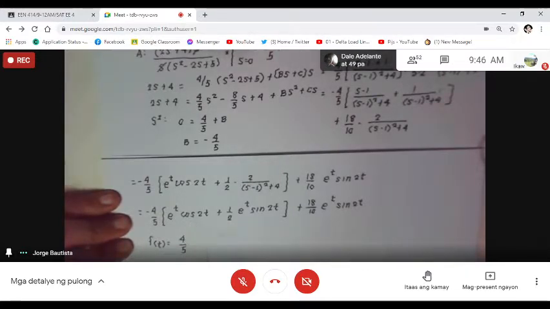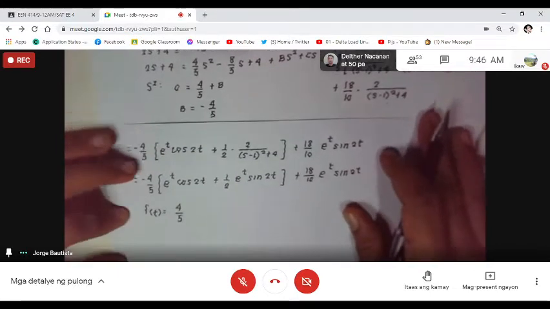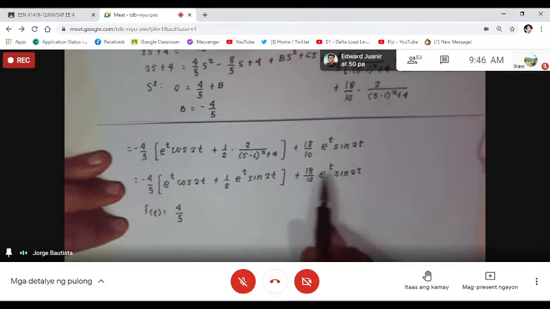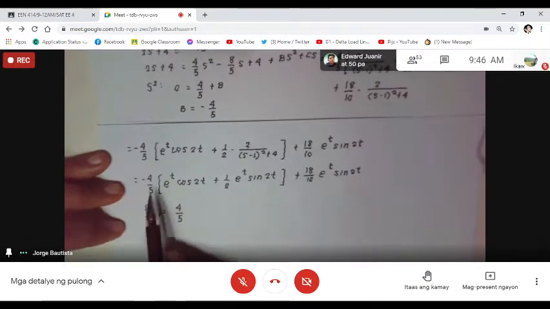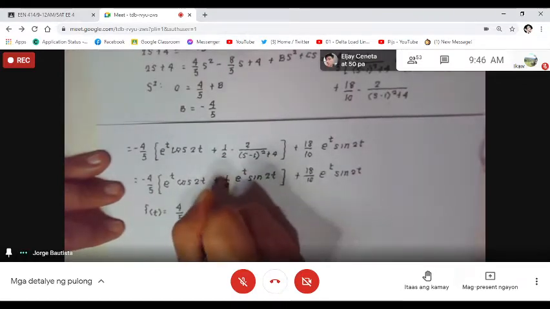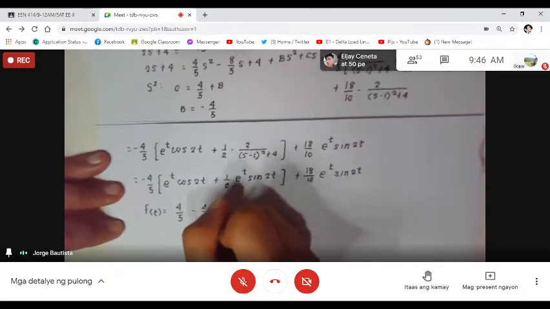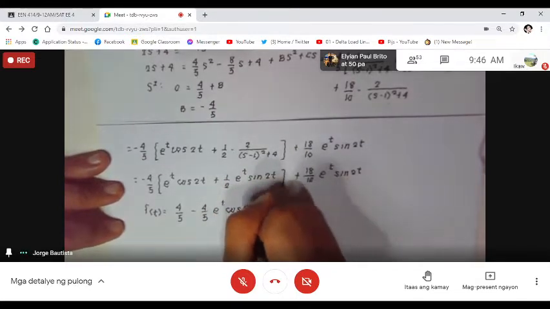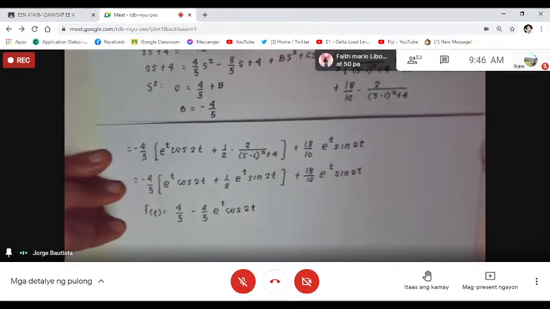Sir, pataas, sir. Okay. So, napansin nyo, no? Ito, cosine, sine, and sine. Pwede pagsamahin yung sine. Para isa na lang. So, that is minus 4 over 5 e raised to t cosine 2t. Okay? So, paano ko pagsasamahin ito? So, i-distribute ko muna to. Ito, na-distribute ko na. Ito, para sa cosine. So, ito naman, no?